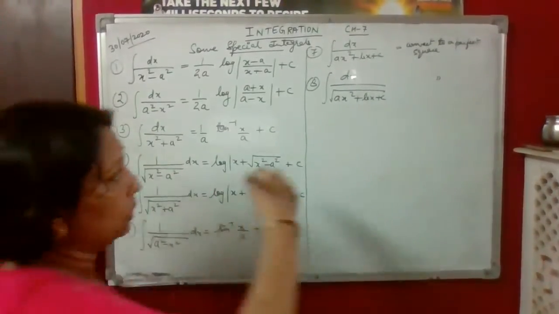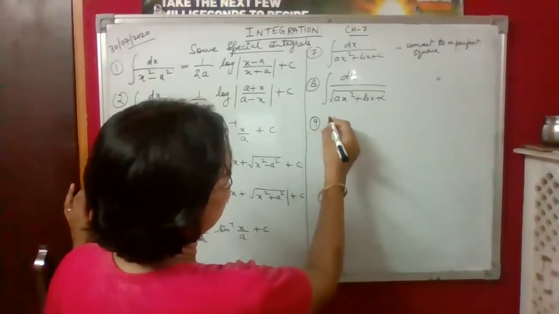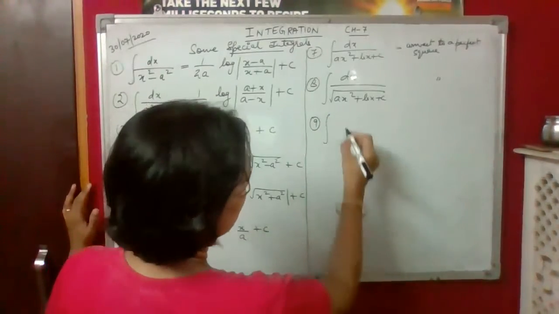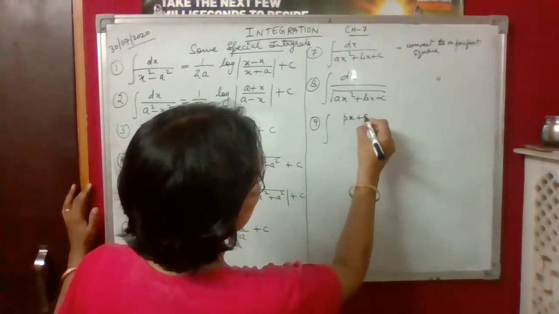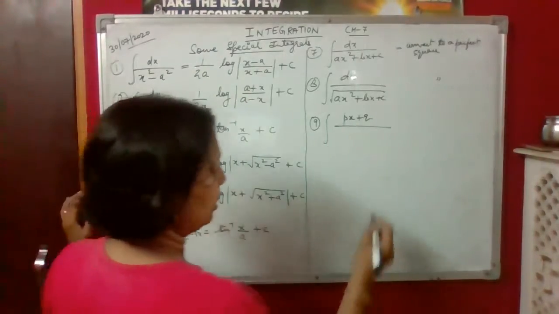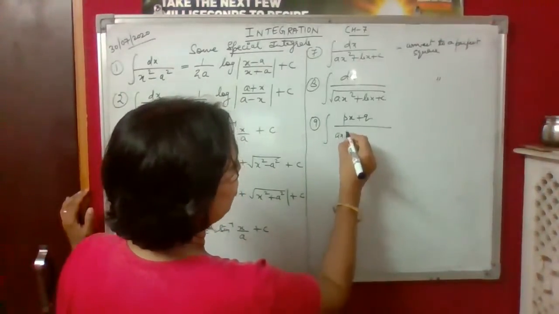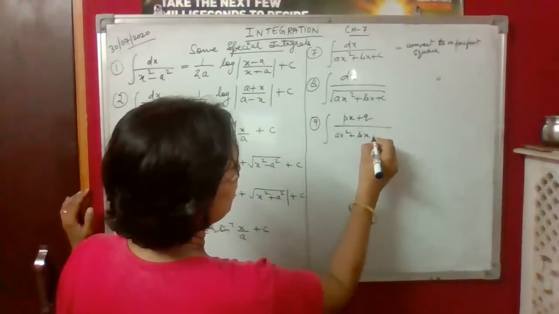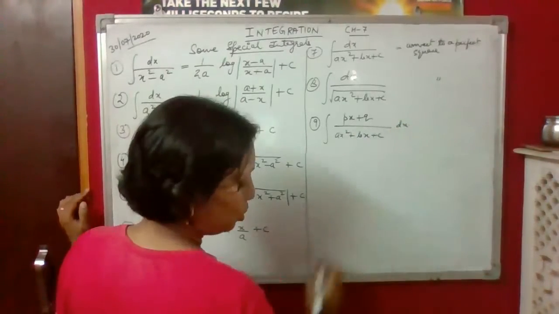Now the other type is if the integral is given in the form px plus q. Instead of 1, we have a term here: px plus q upon ax square plus bx plus c. What to do here?